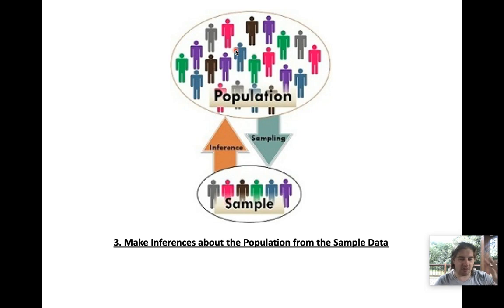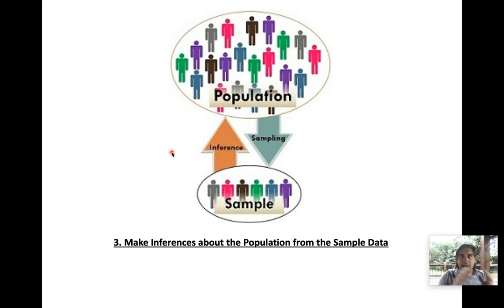And that's sort of the crux of sampling, is this arrow of inference going back to the population, because I'm finding something with this group of people, and then I'm taking that finding and I'm making the larger claim that it applies also to all of these people for whom I never collected data.